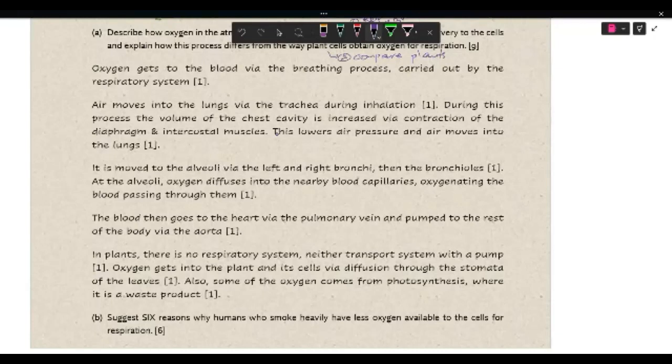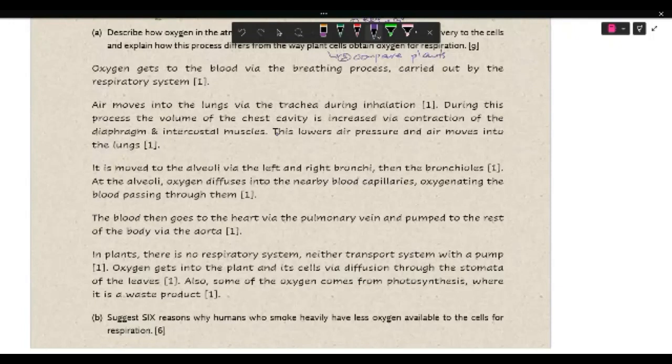What is the path from the atmosphere to the lungs? And how do we do that? How do we get this air to move from the atmosphere into your lungs? And that is where you will describe the process of inhalation.